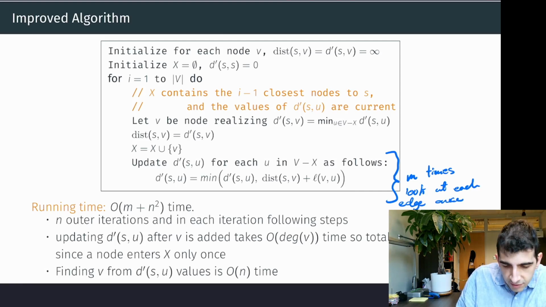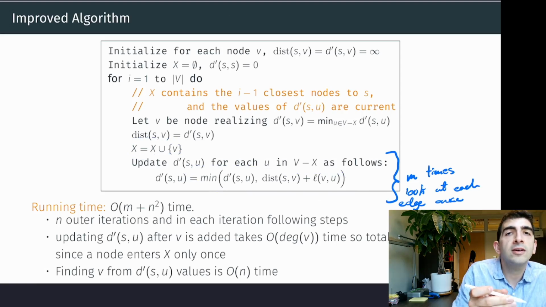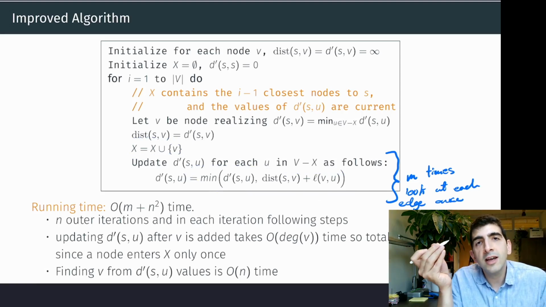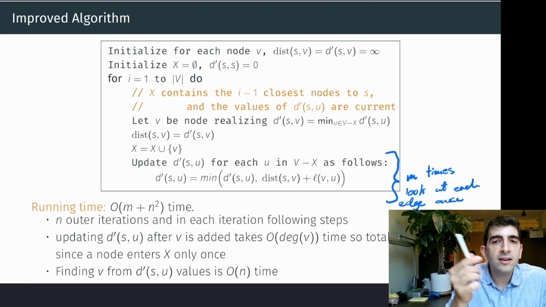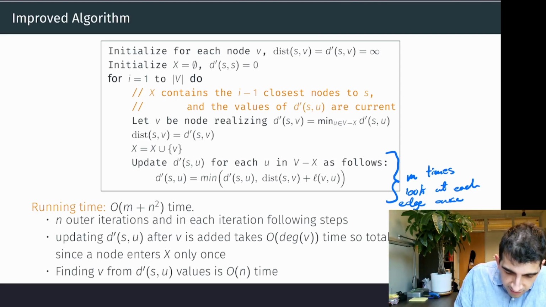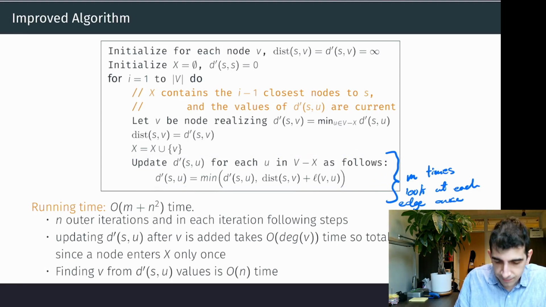It's because for every node that gets added to x, we only look at the outgoing edges of that node. That's the only time we look at the edge. So we only look at an edge when the vertex that is its beginning point gets added to x. And therefore, this right here only happens m times.